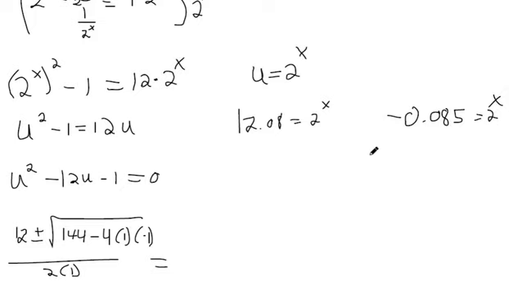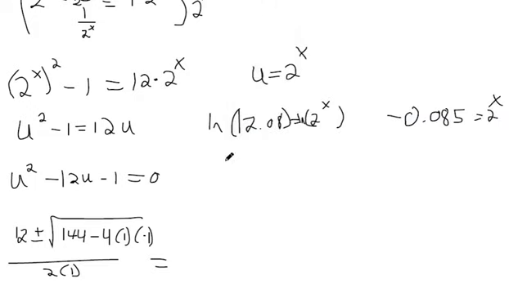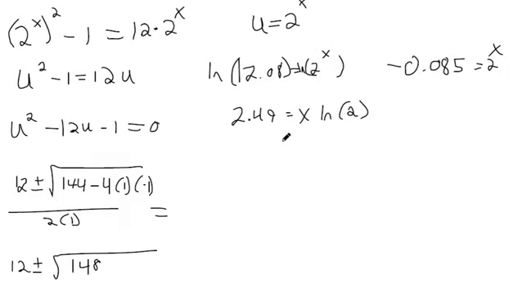Okay, so the only way to get x by itself is to use a logarithm on both sides. I'll use natural log. So natural log of 12.08 is 2.49. And then this is natural log of 2 to the x, so the x comes down and multiplies. That's the whole point of using a logarithm, to make this x come down and multiply, and we can only do that inside logarithms.